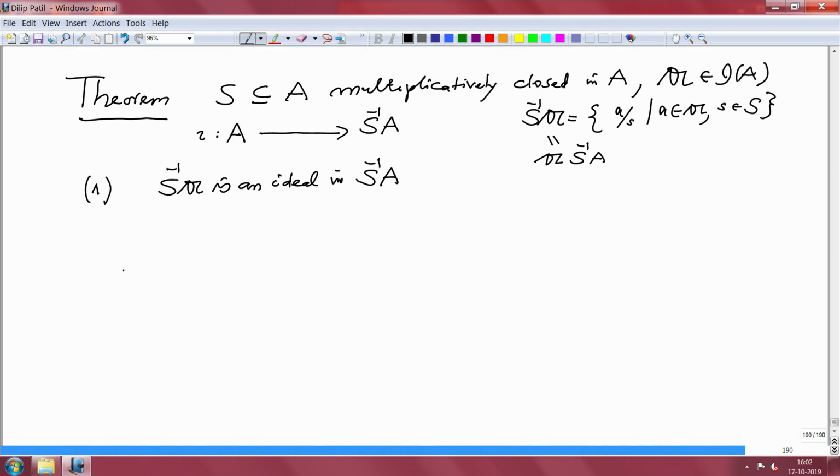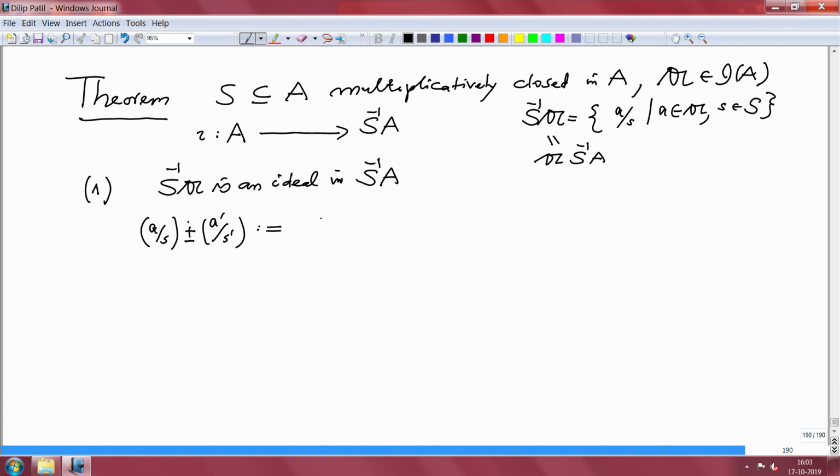So, what do we have to check? It is a subgroup, closed under addition, and also closed under arbitrary scalar multiplication. So, take any two elements. So, let us prove one by one. A by S plus minus A prime by S prime. What is this by definition?